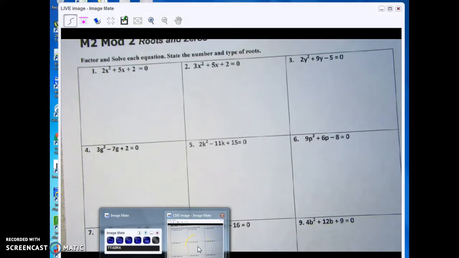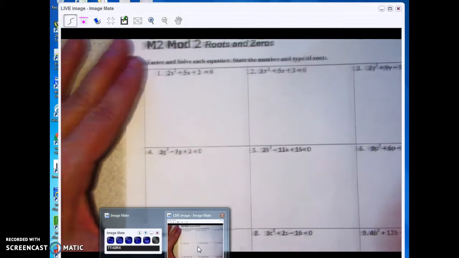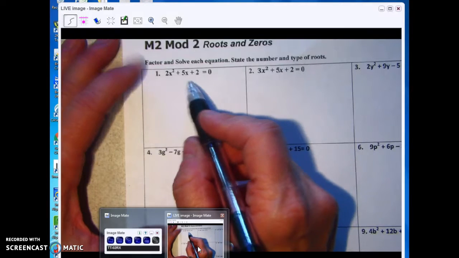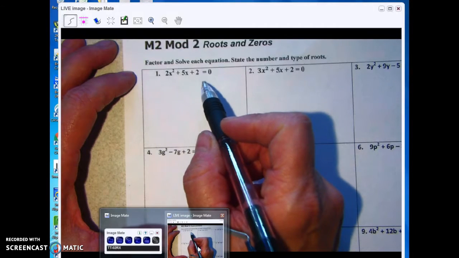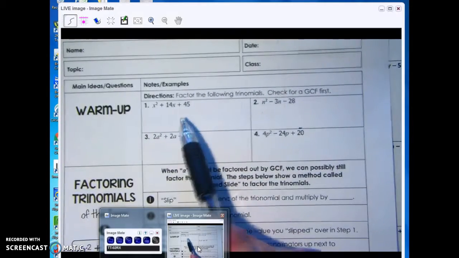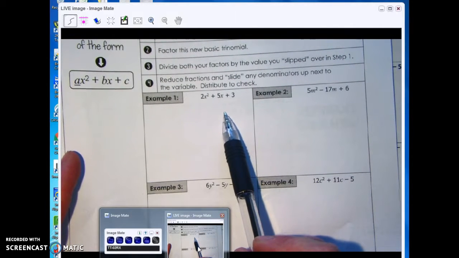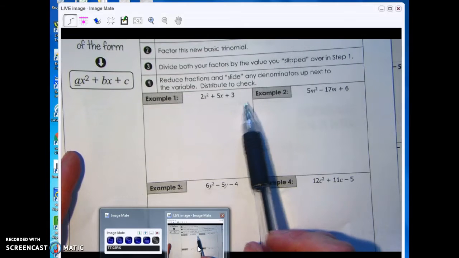Okay. So what we're talking about in this lesson is how do we find our roots and zeros. Now, with these equations up here, notice the only difference in what we're doing now and the problems we did with our slip and slide method is that these were not set equal to 0.